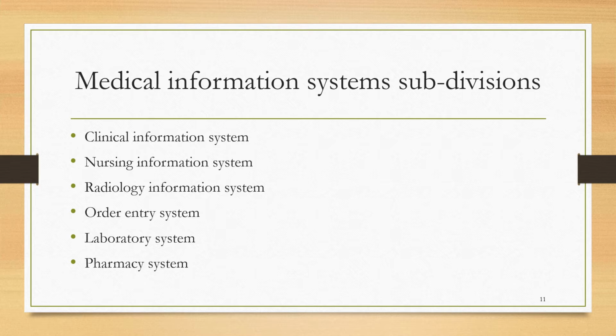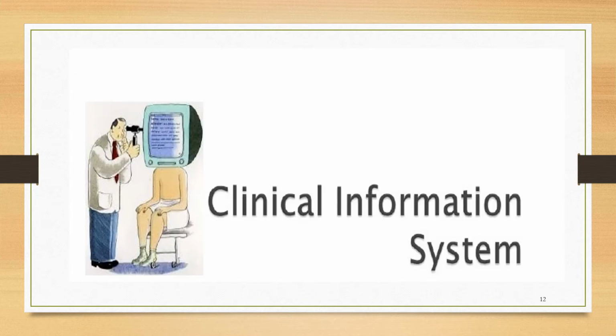So these systems are the main component of electronic health records. Each of these systems we are going to explore more in the next slides. So the first one is the clinical information system.